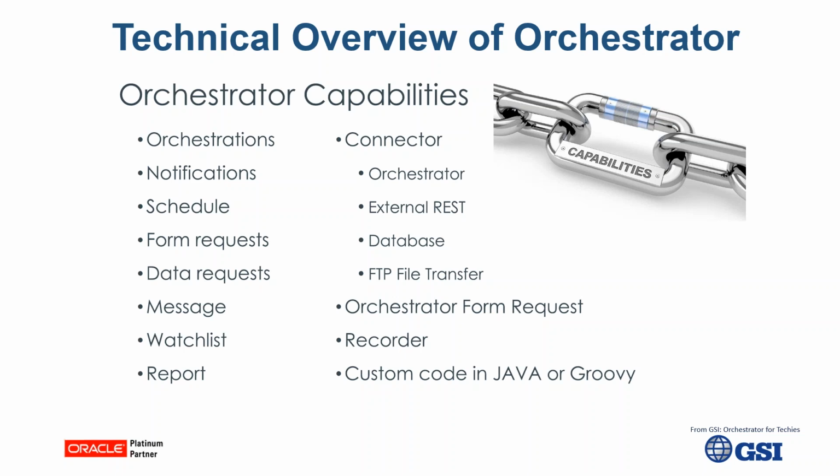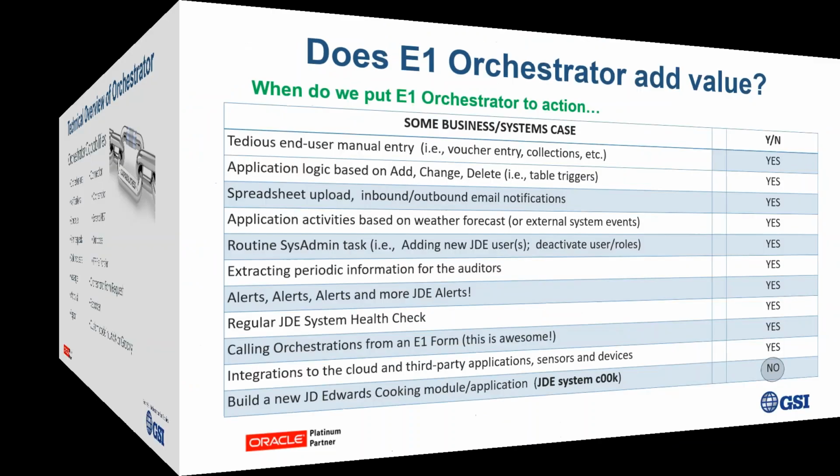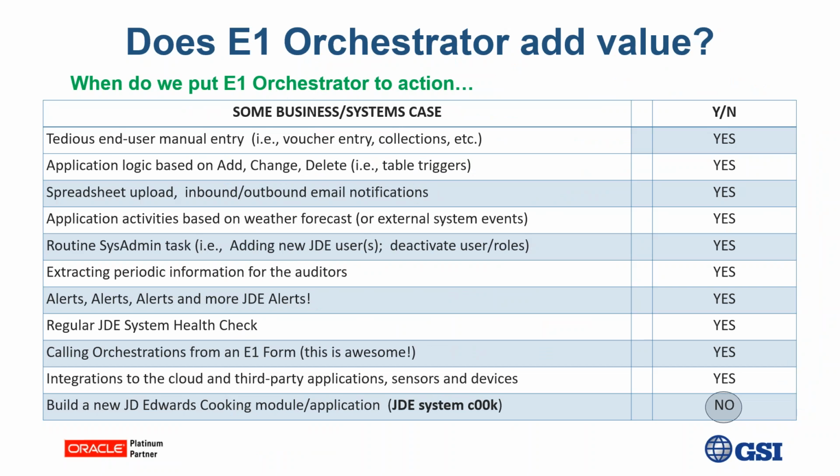All right, so here are the good metrics that I built, where I asked, does E1 Orchestrator add value? This is probably one of my favorite slides together with the other 35 slides, but it shows a list of business and systems use cases. Some are simple and others a bit more involved.